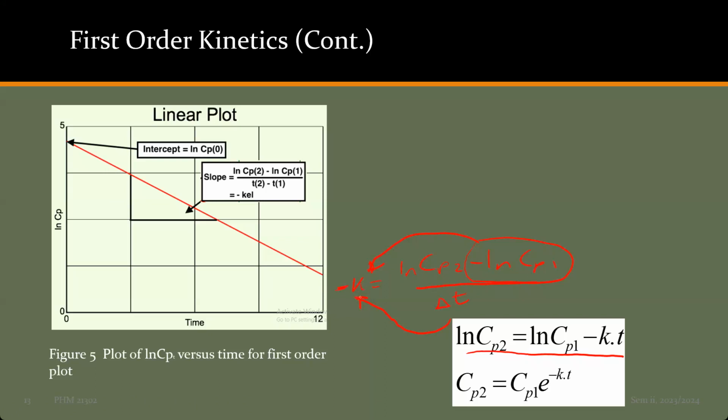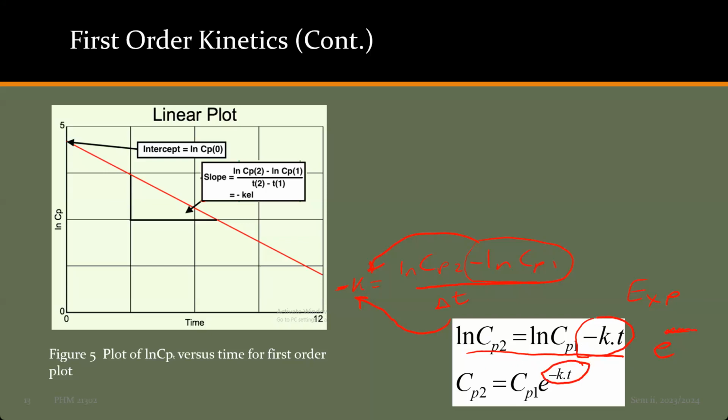So you move the other side, and then you will get the equation that ln CP2 is equal to ln CP1 minus KT. And then when you do inverse ln, it is the exponent when you write it in Excel, right? You make it like this. Exponent, we make it E without this dash. So inverse ln will give you CP2 equal to CP1 times, no ln here, so we make it exponent. So times the exponent of negative KT.